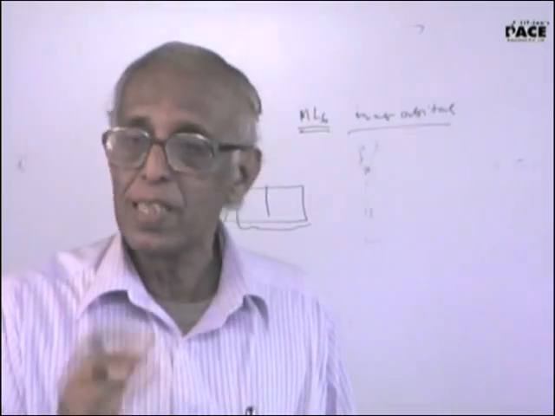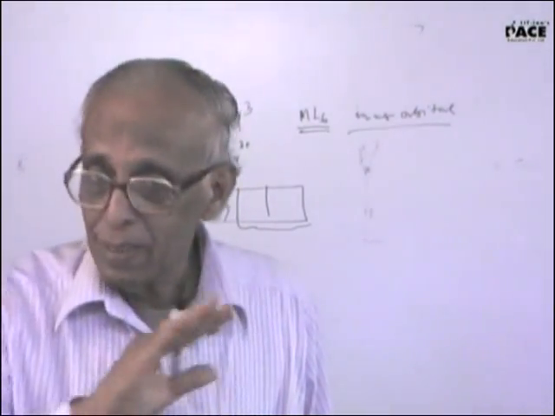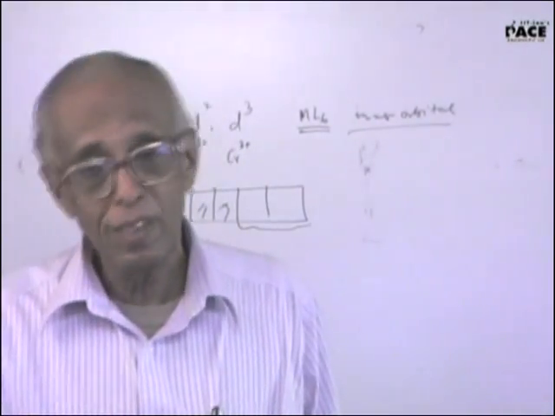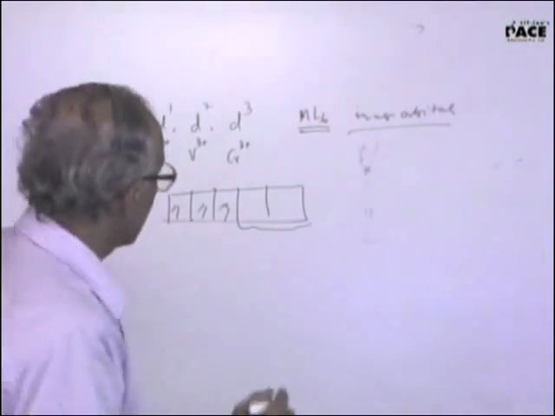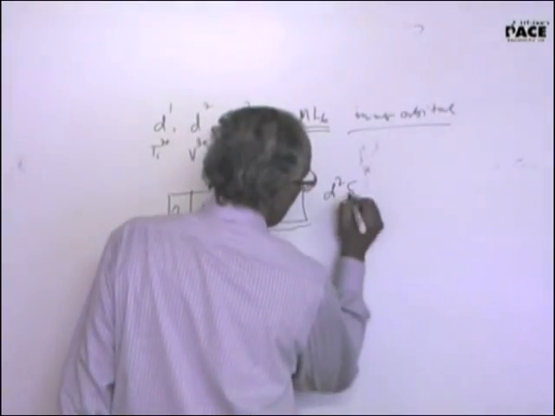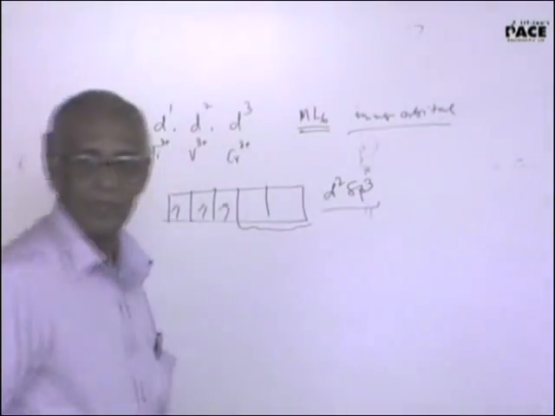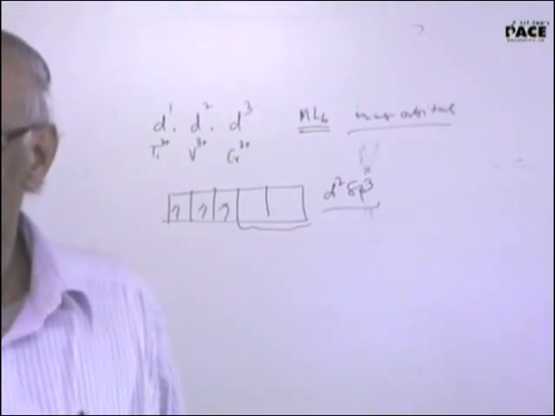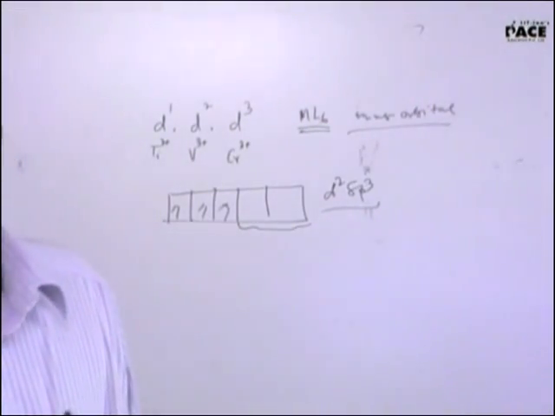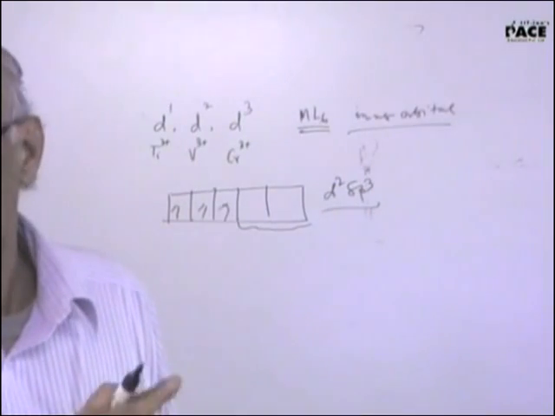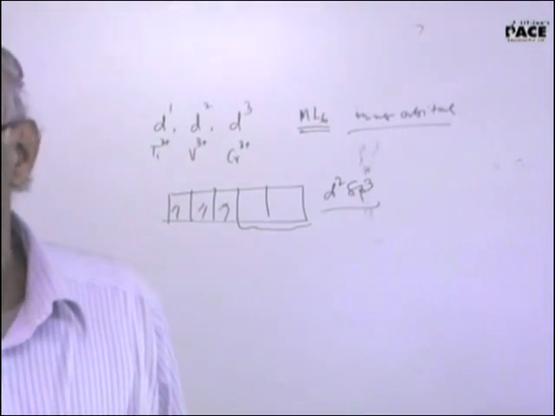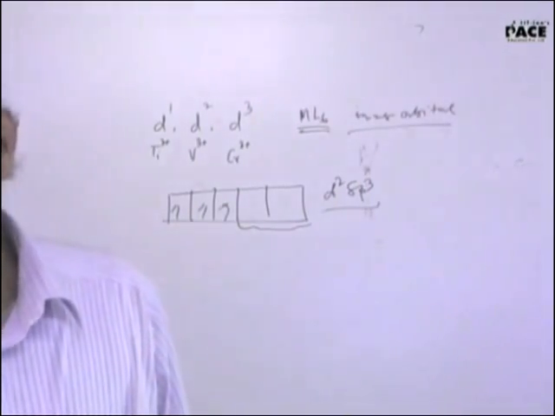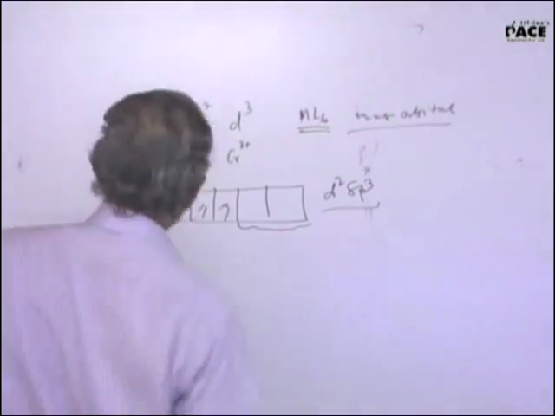So d1, d2, d3, irrespective of the nature of the ligand, will always form an inner orbital complex, and the hybridization will be d2sp3. Now you understand why I said but? Because d1, d2, d3 never form an outer orbital complex. They will always form an inner orbital complex.